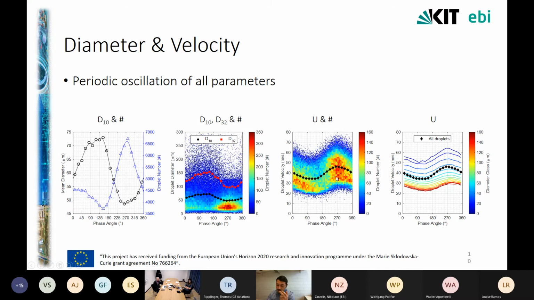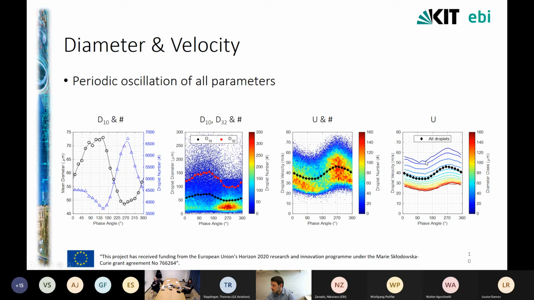Now, to see exactly what velocities each diameter size has, we can calculate again a phase averaged droplet velocity, taking into account only diameters of a specific diameter class. Starting from the first curve, which denotes all the droplets from 0 to 10 micrometers, then 10 to 20 micrometers, and so on, until the final one, which is 160 and higher, we can see, first of all, the obvious: the smaller the diameter, the higher the average velocity, due to their low inertia and low Stokes number.